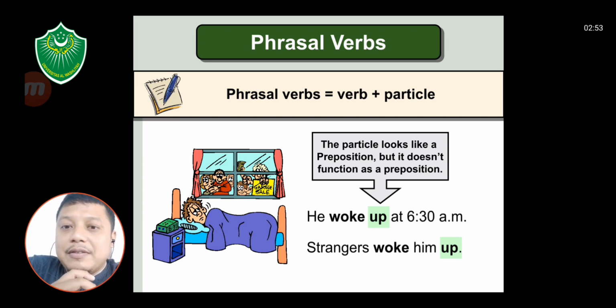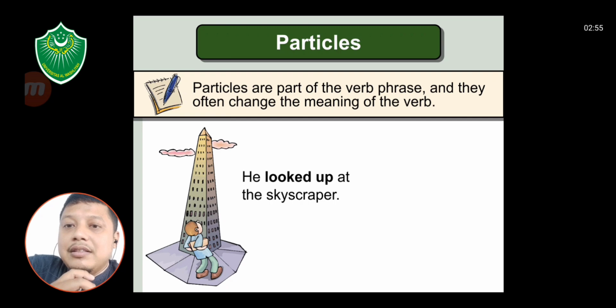It's a particle, a part of the verb phrase, and it often changes the meaning of the verb. Actually, if they use the particle, the meaning changes. It's not the same as the previous meaning. For example, if you say wake up, it doesn't mean you wake and you go up. There's no going up. It means you just wake up, awake from your dream or from your sleep.